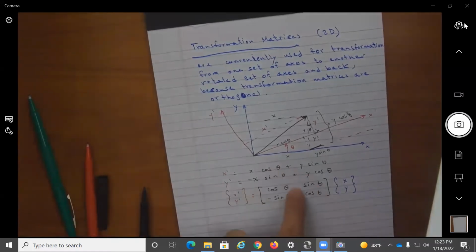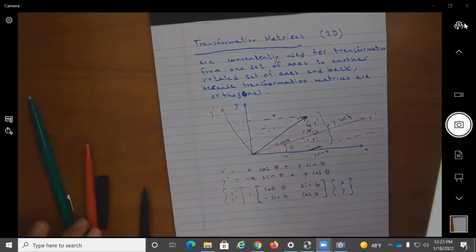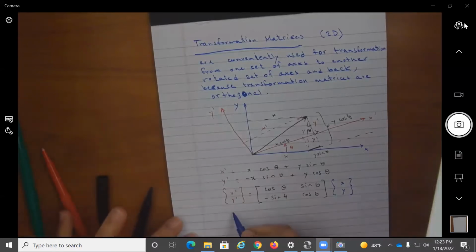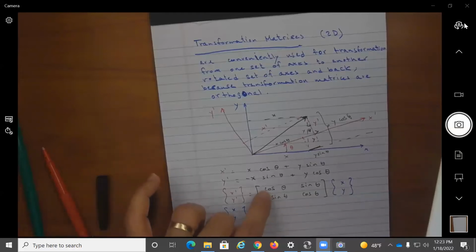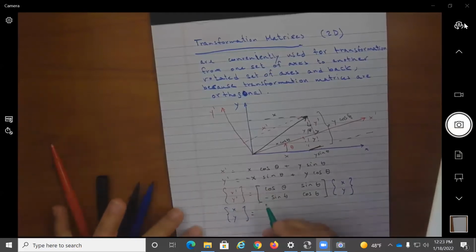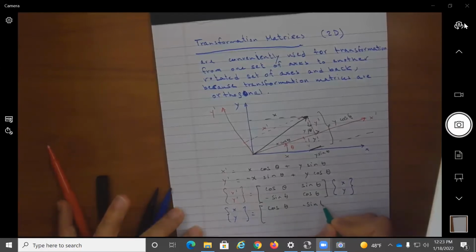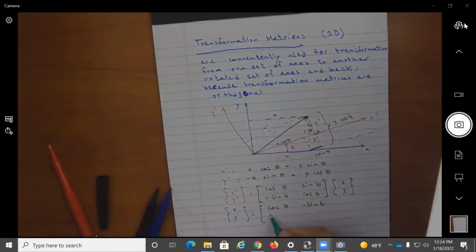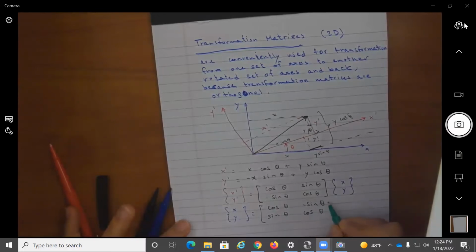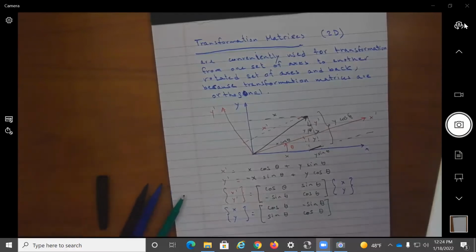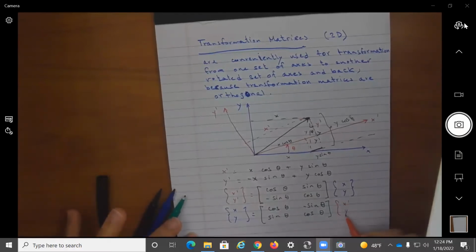Now this black rectangular matrix is orthogonal. So likewise, I can say that x, y is equal to the transpose of this black matrix, I'm going to do it in green: cosine theta, minus sine theta, sine theta, cosine theta, multiplied by x prime, y prime.